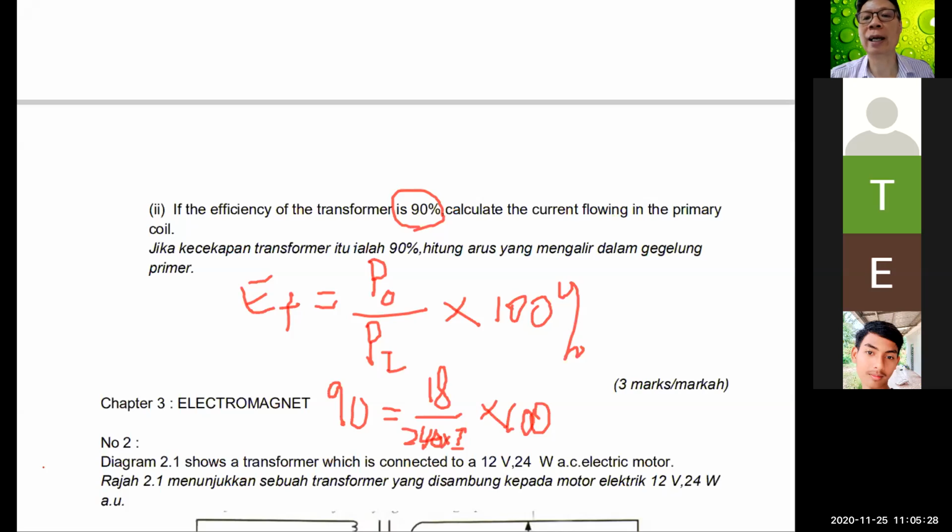Okay, let me check. Yao Ping said 1/12. Just now, Vanessa also said 1/12. Yes, the answer is 1/12. I calculated also 1/12. Yes, correct.